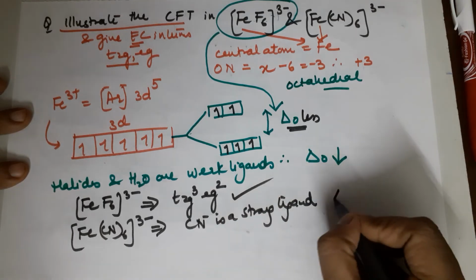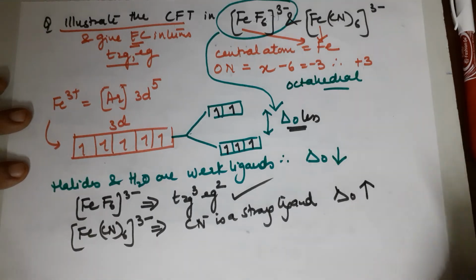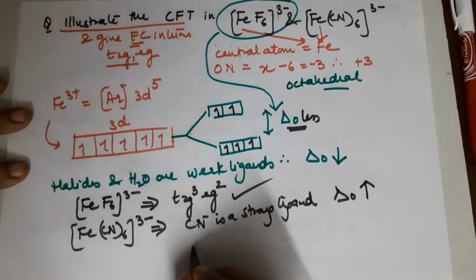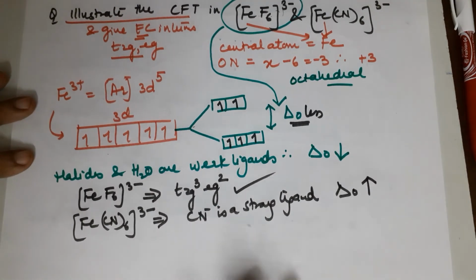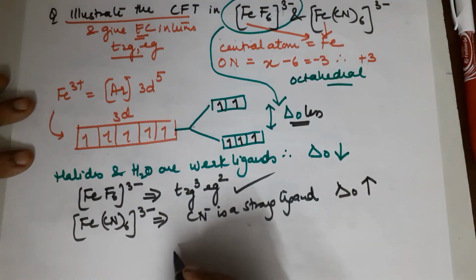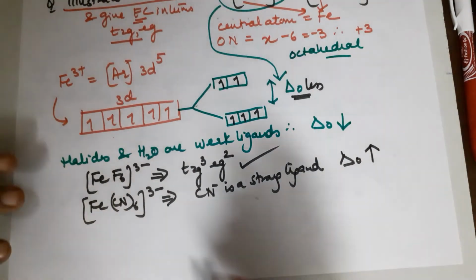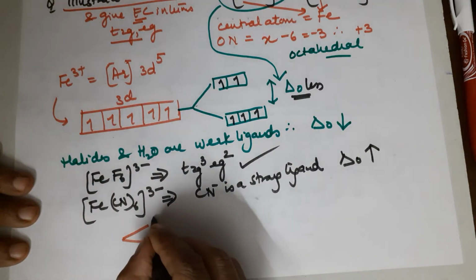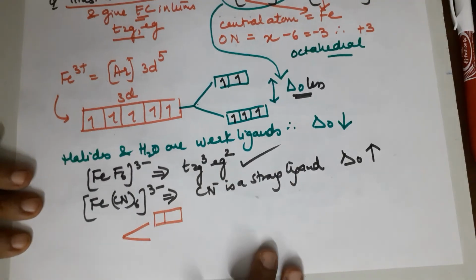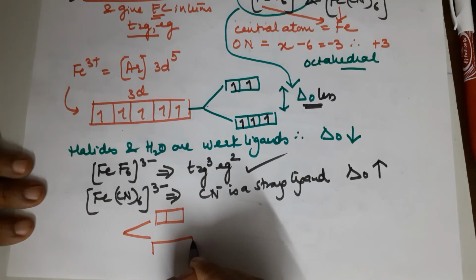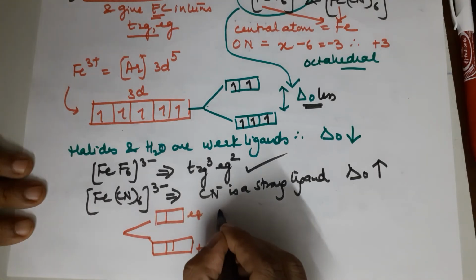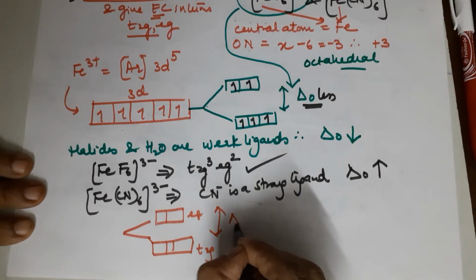Since it is a strong ligand, your delta naught is going to be high. Therefore, when the electrons are to be filled, this gap is large. So when I fill up the electrons, let me illustrate it for you. The electron filling would happen like this. You have 2 electrons to be filled here and 3 electrons to be filled here in the t2g and eg, and mind you this gap is large.